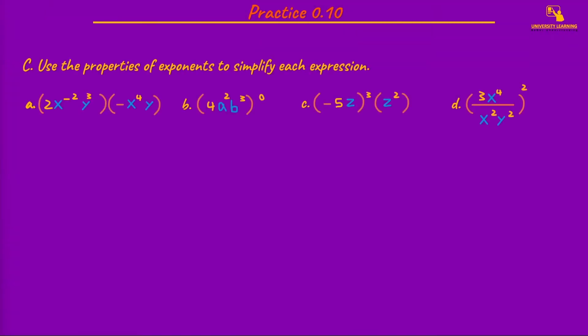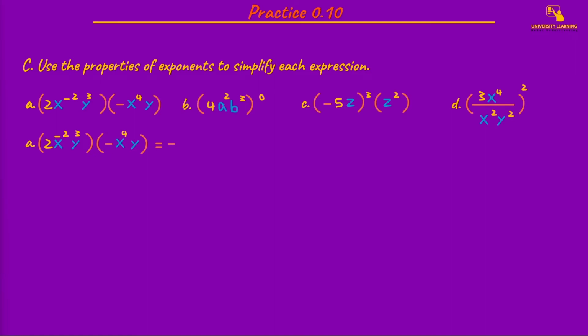Now let's move to practice C of 0.10. Use the properties of exponents to simplify each expression. Let's have point A, parentheses 2 x to the power of negative 2 y to the third multiplied by parentheses negative x to the fourth and y.